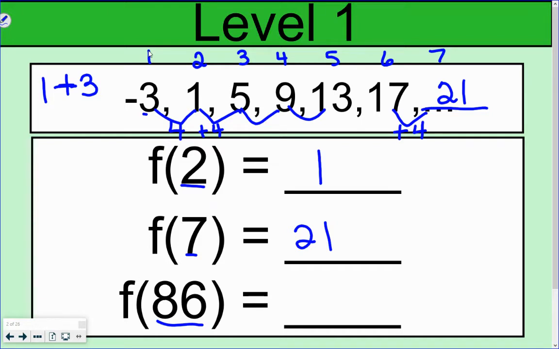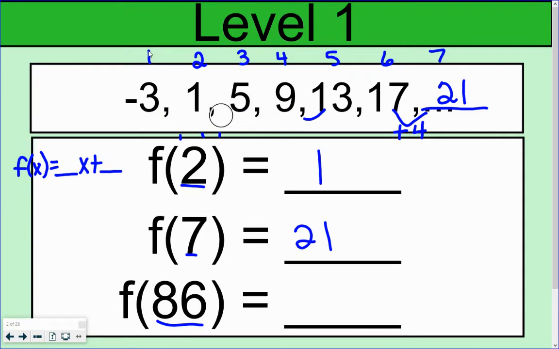In order to do that, I'm going to need to find my explicit function, which is what we've been doing for the last few days. f of x equals my constant difference times x plus my 0th term. Let me move this over a little bit to give me more space. I'm going to do a little erasing up here so I have the space I need to make this work. I already figured out that this is going up by 4, so I know that my constant difference is 4.